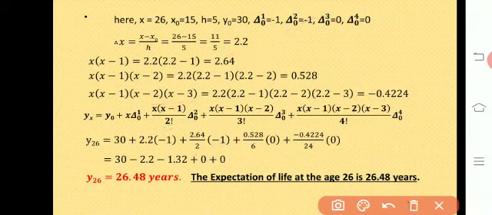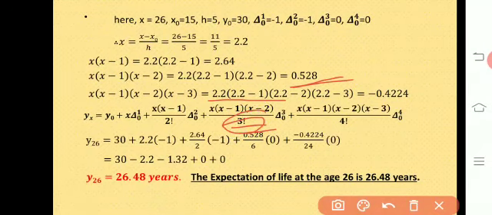Plus x into x minus 1 into x minus 2 upon 3 factorial. That value is 0.528, so 0.528 upon 3 factorial. 3 factorial is 3 into 2 into 1, that is 6, into delta 0 raised to 3, and it is equal to 0.